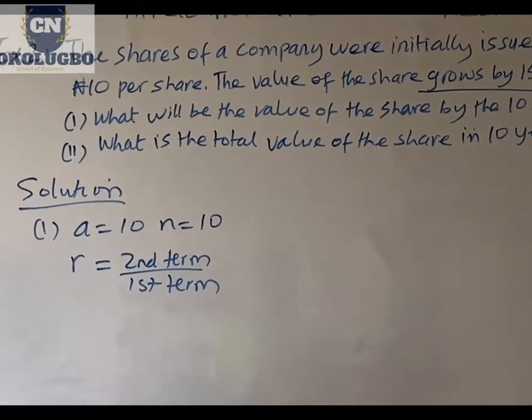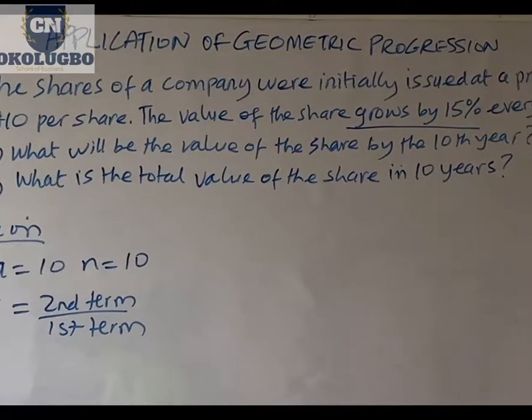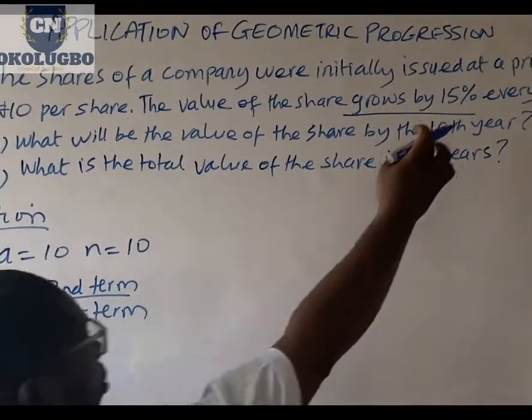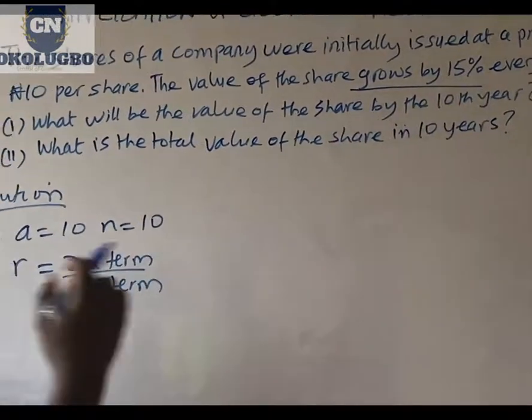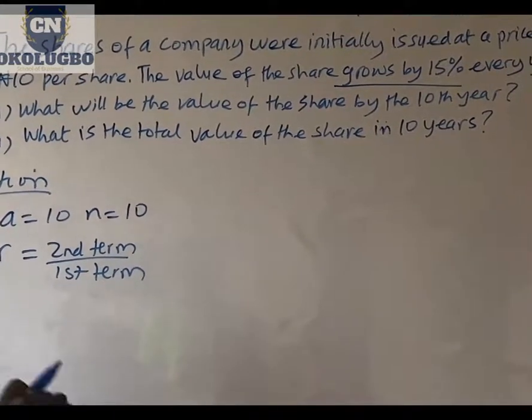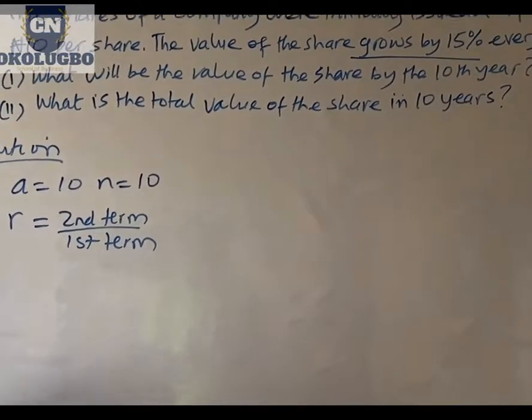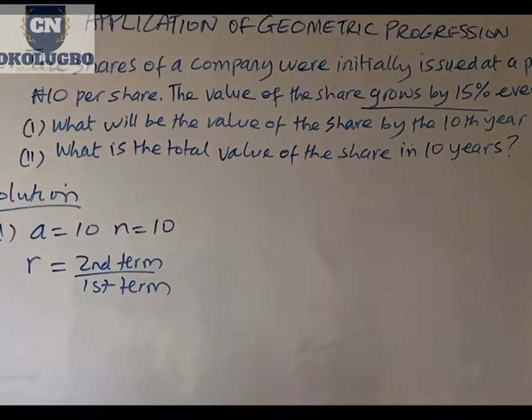So what is the second term? The second term will be determined by this growing rate on the first term of 10 naira, and then we now add that to what 10 naira is to know what the value of the second term will be.